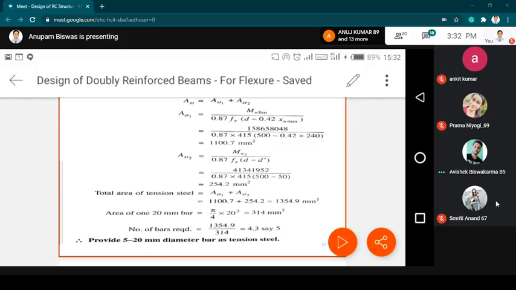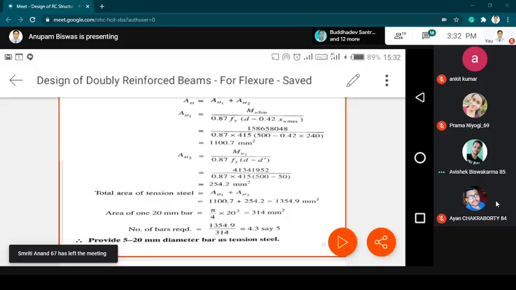Now you take out calculator and do it, see how many bars are coming. 1354 divided by pi by 4 into 25 square, करो, कितना आ रहा है देखो. सर, तो 25 mm बार के लिए देखो कितना नंबर ऑफ बार्स आएगा, एरिया तो सेम रहेगा ना. यस सर.